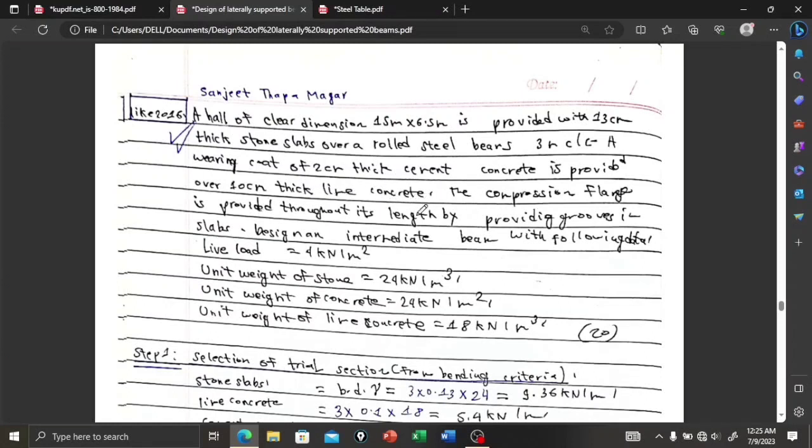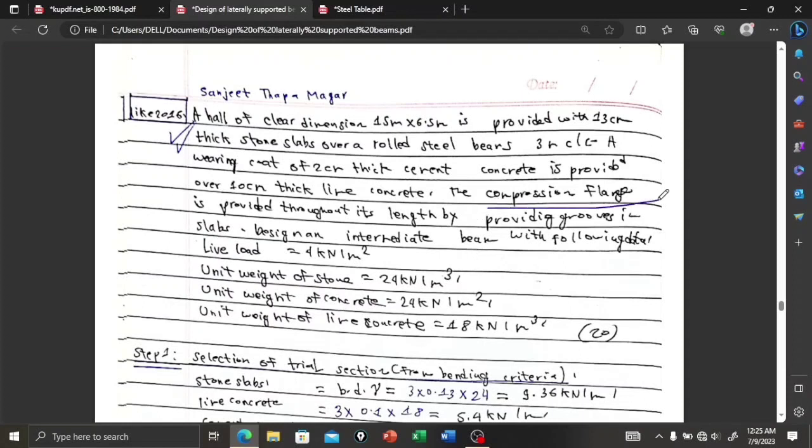The compression flange is supported throughout its length by providing grooves in slab design and intermediate beam with following data. Live load is 4 kN per meter square. Unit weight of stone is 24 kN per meter cube. Unit weight of concrete is 24 kN per meter cube. Unit weight of lime concrete is 18 kN per meter cube.